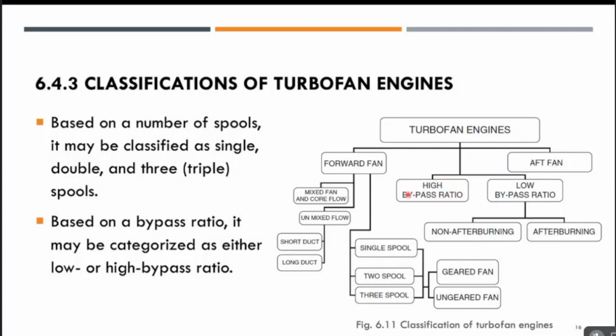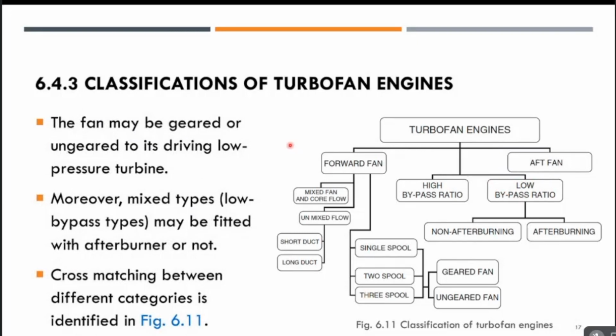You can have a high bypass ratio or a low bypass ratio engine. The fan may be geared or ungeared into its driving low pressure turbine, and there can be mixed types, low bypass, fitted with afterburner or not, and they can also cross-match between different categories. You can see here, it can be mixed fan and core flow, or unmixed flow.